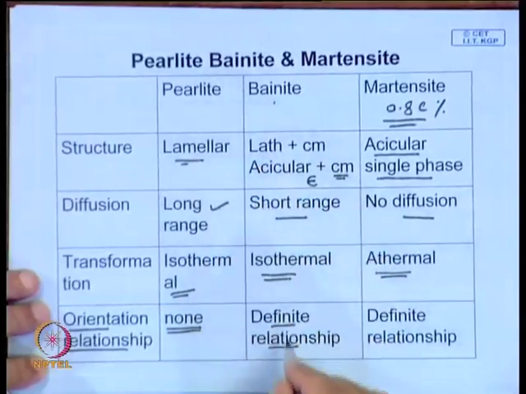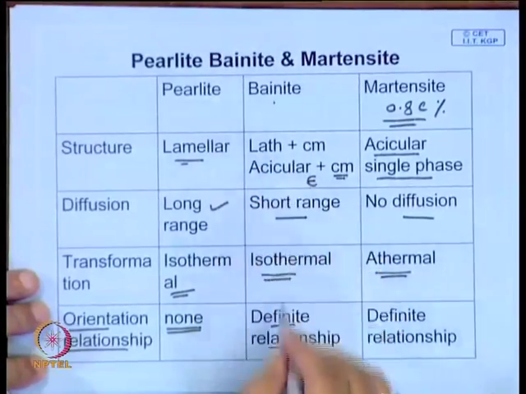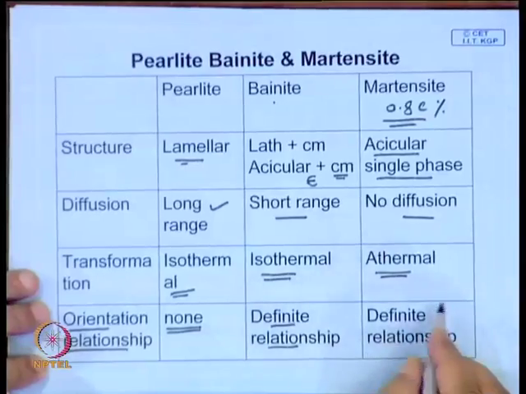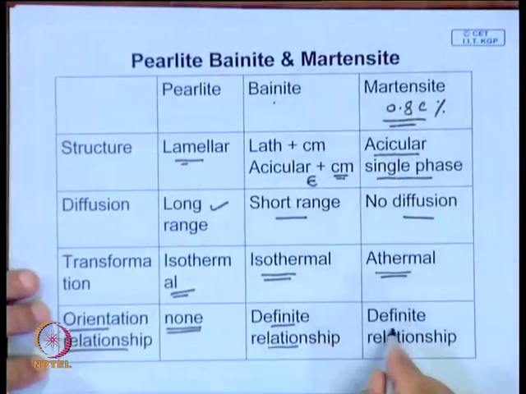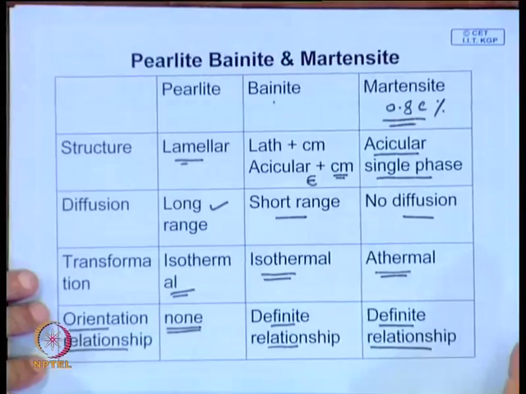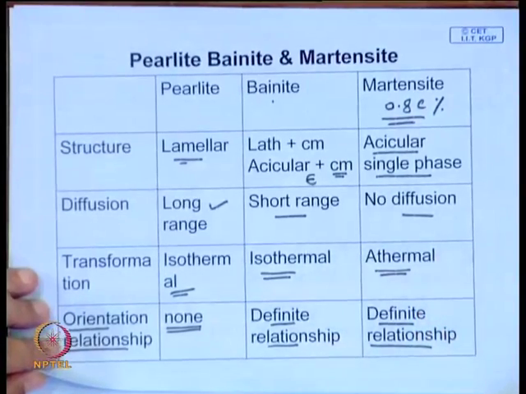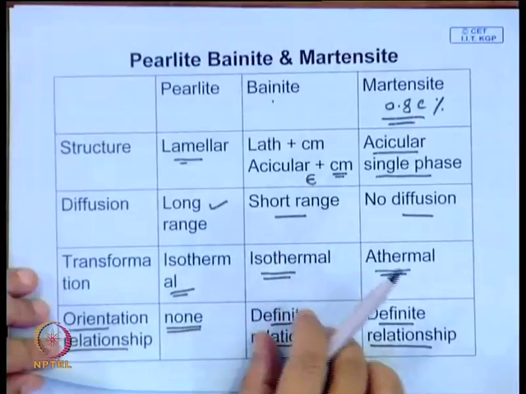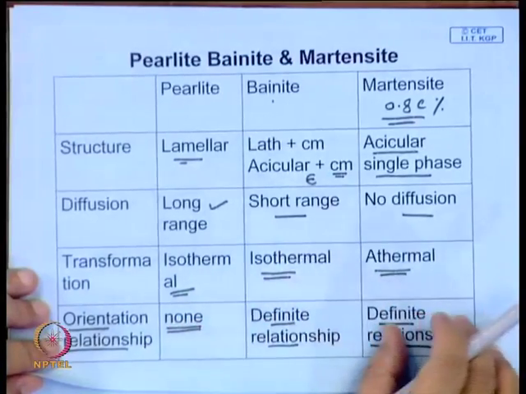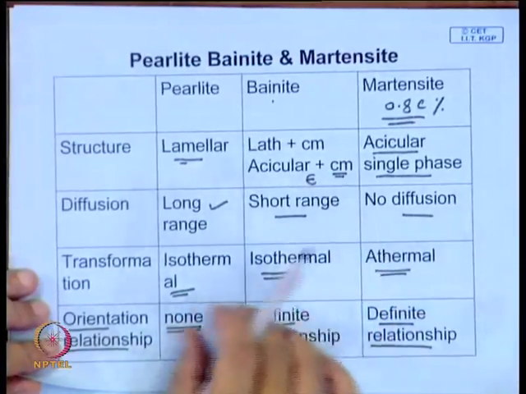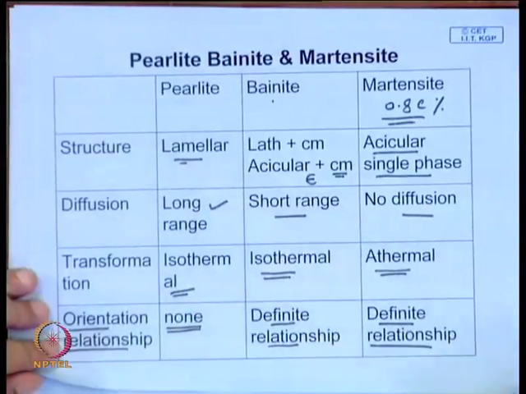Lath will have one kind, acicular or plate type structure will have another kind, and similarly martensite also forms on a definite crystallographic plane. So, this also has definite crystallographic relationships. So, the intermediate product Bainite has certain character which matches with martensite, and certain character which matches with austenite.